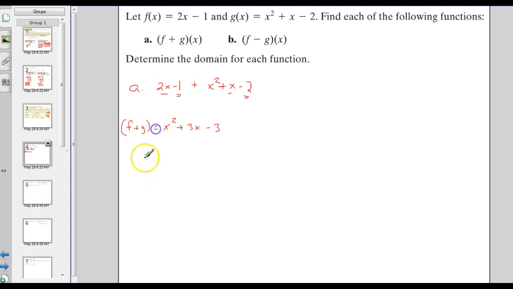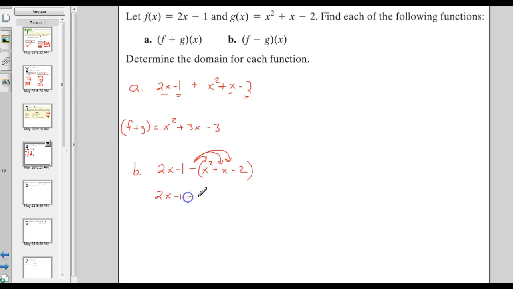Alright, part B. Same thing, but now I'm subtracting, f minus g. Now notice when I subtract, I'm going to put this second function, the one that follows the subtraction, which is g, in parentheses because I'm subtracting all of it. And what that means is I'll have to distribute the minus sign through and change all the signs in here. So I end up with 2x minus 1, which is just plain old f like it was to begin with.